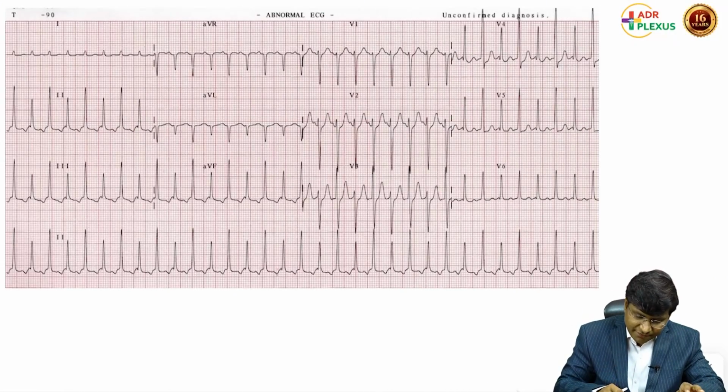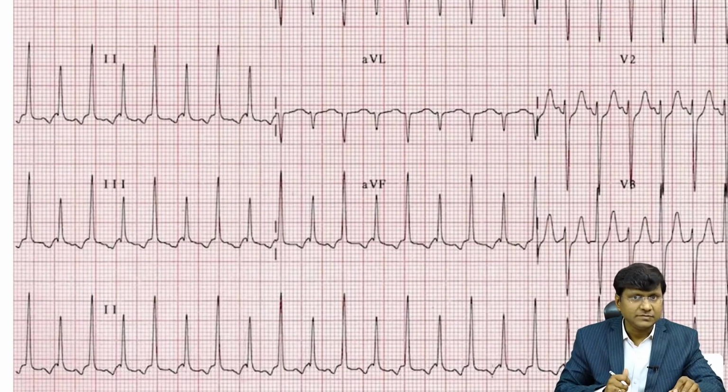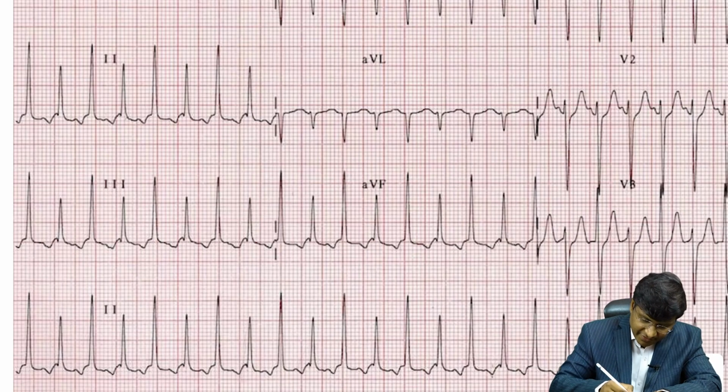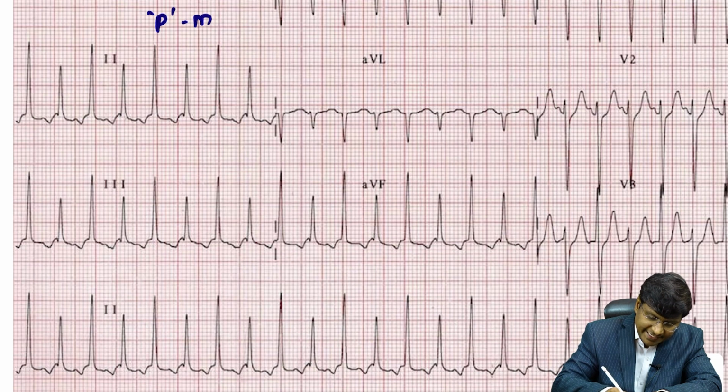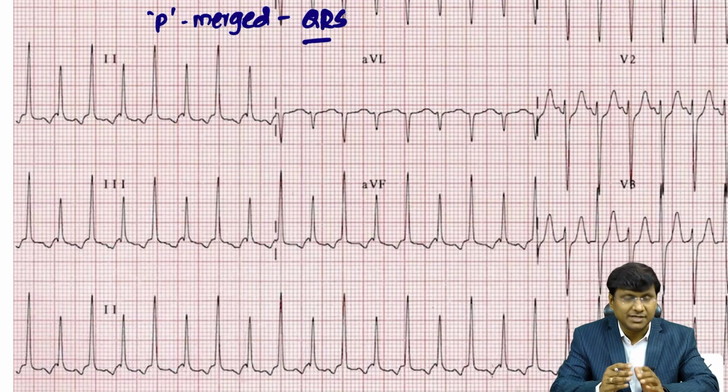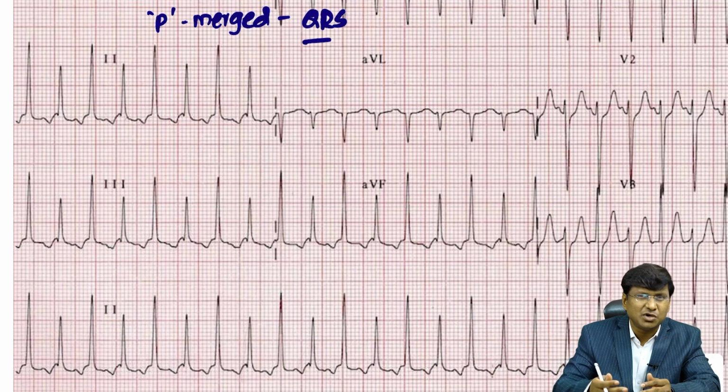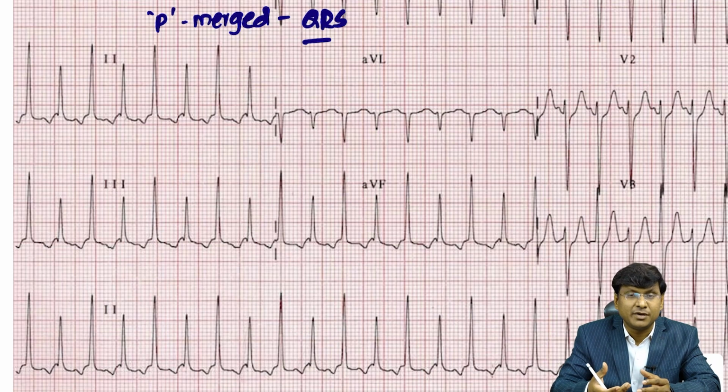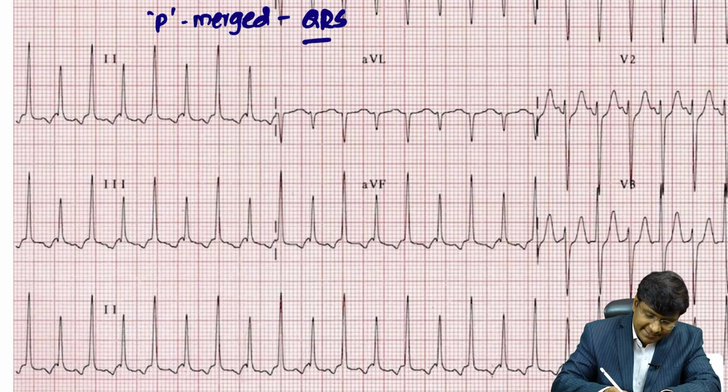So, in case of the PSVT, you take the P wave. The P wave is almost absent, or it gets merged with the QRS complex. And because of paroxysmal supraventricular tachycardia, the T wave is inverted.